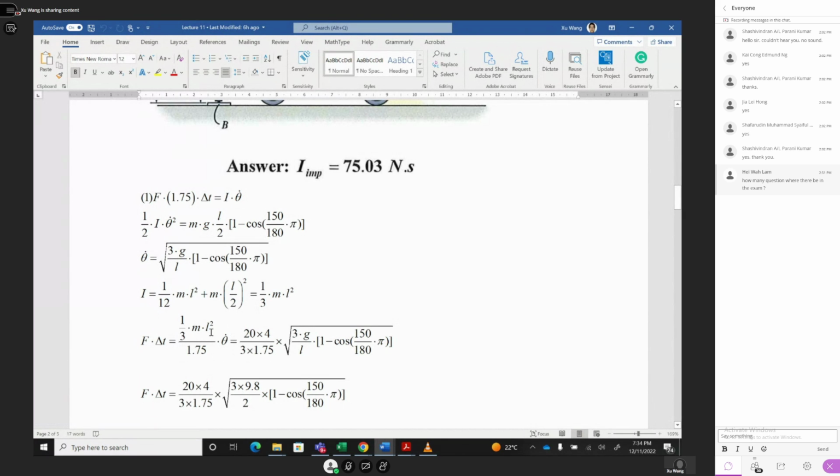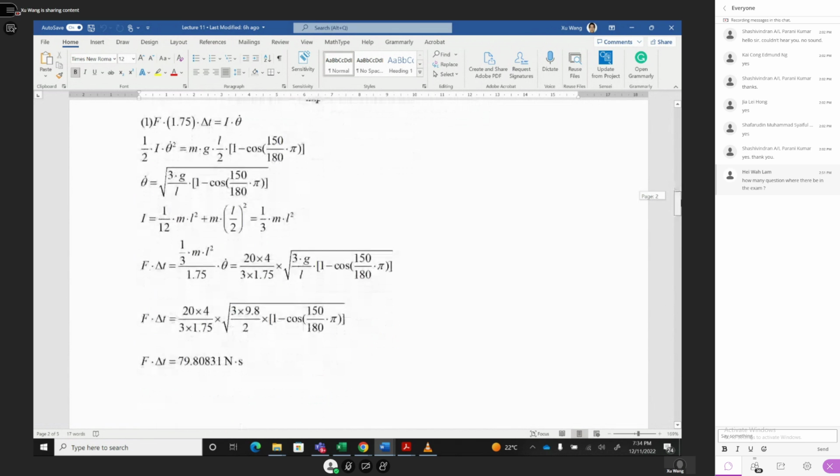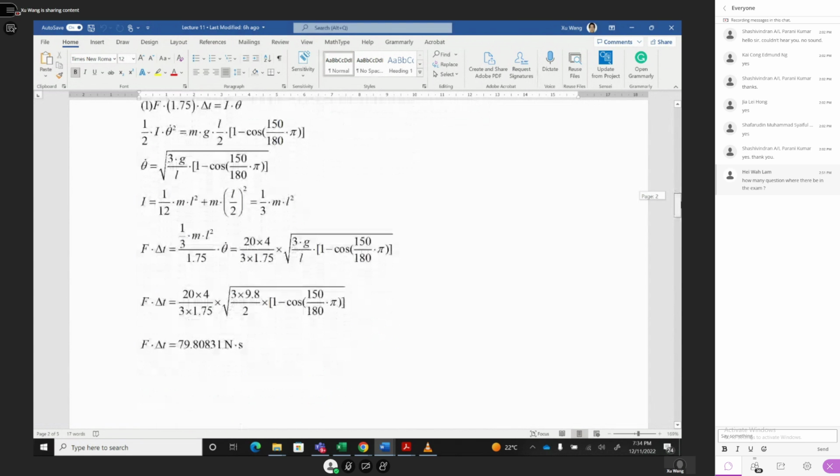M is 20, L is 2, squared becomes 4. Multiply by the whole expression with 9.8 divided by 2 and 1 minus cosine 150 times pi over 180. You calculate this and you get 79.8 newton meter.